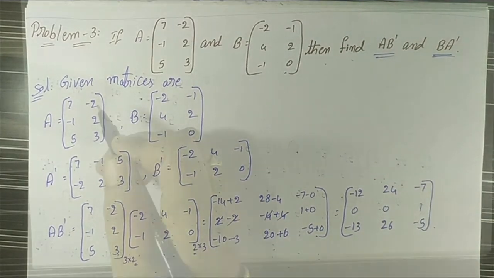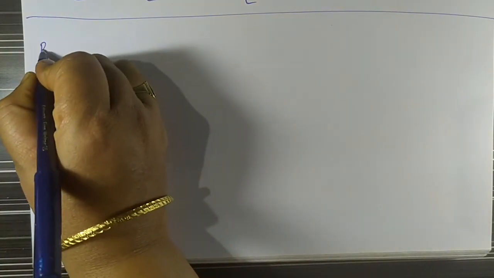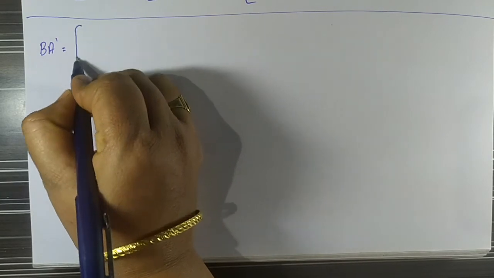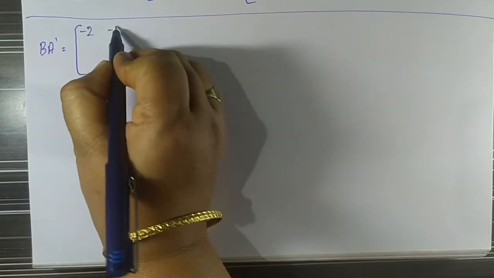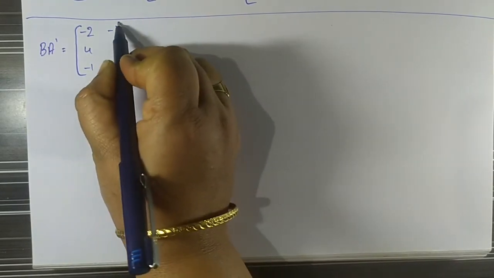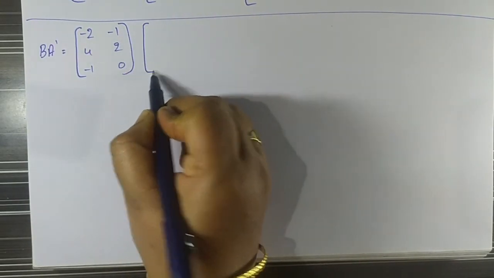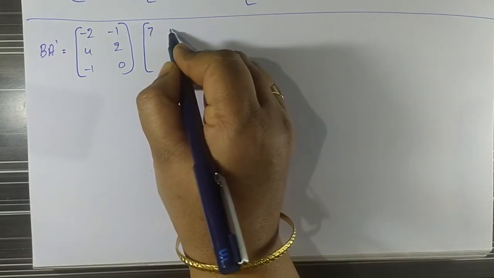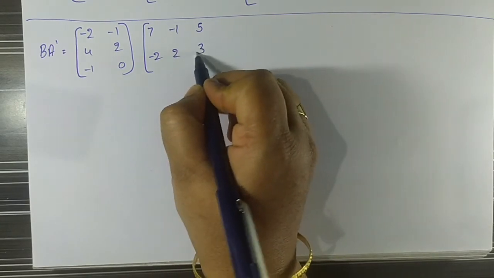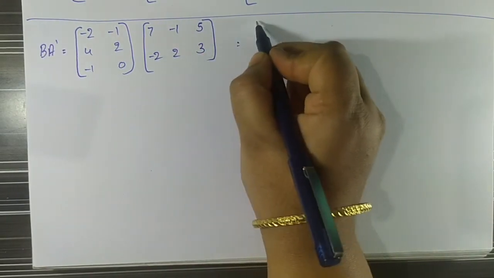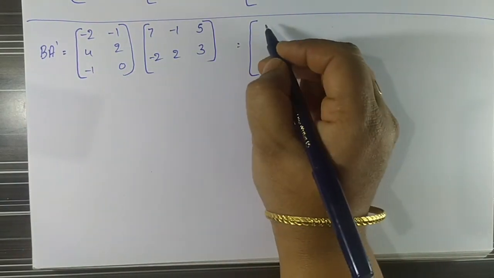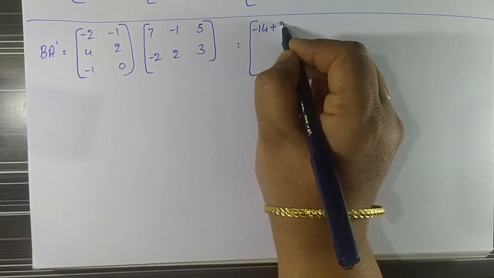Next we will go to B A dash, that is equal to matrix B, [-2 -1 4; 2 -1 0] into A dash value [7 2; -2 5; -1 3]. This is A dash value, that is equal to, after multiplication, first row, first column minus 14 plus 2.